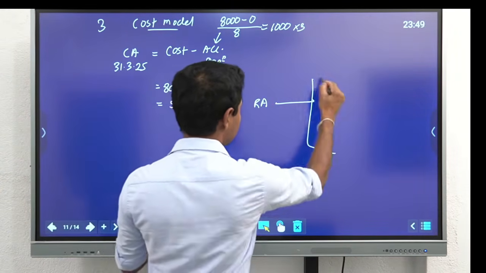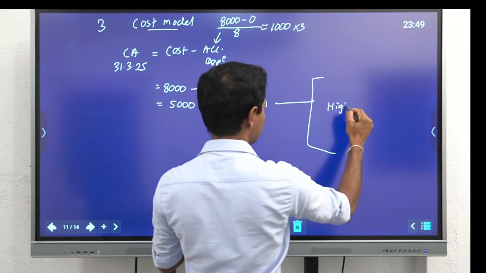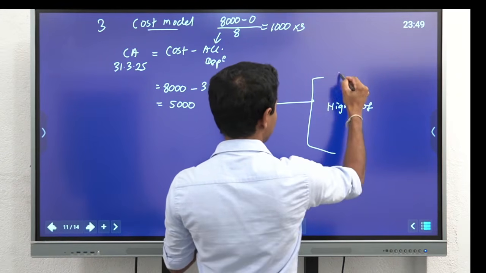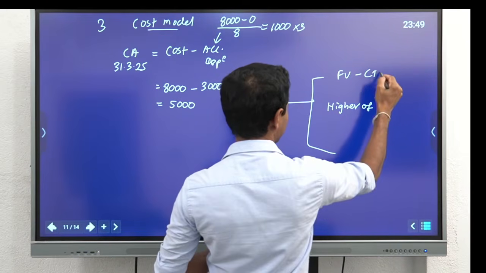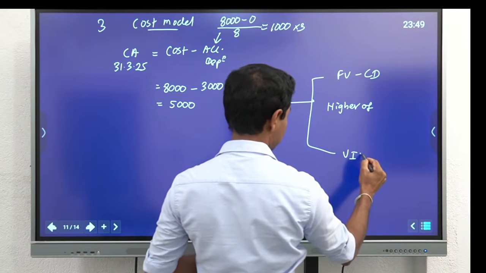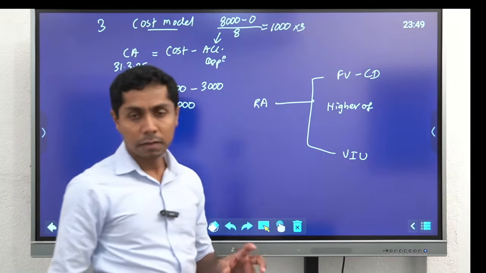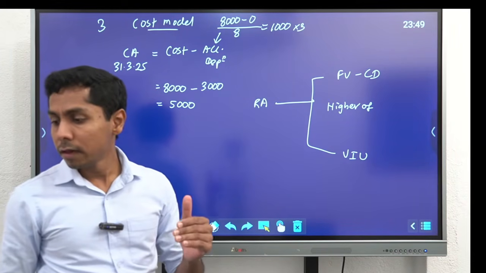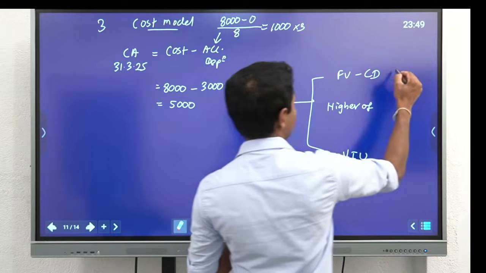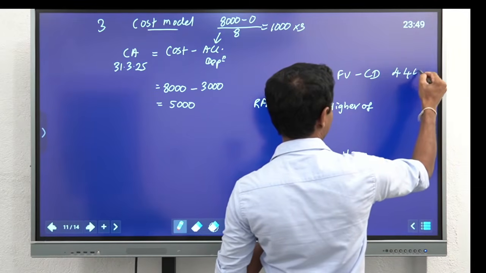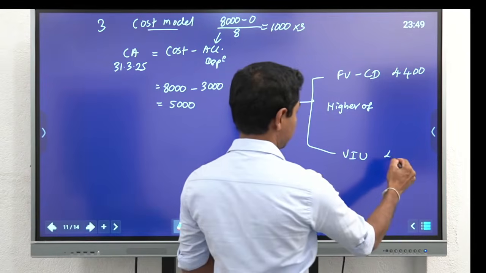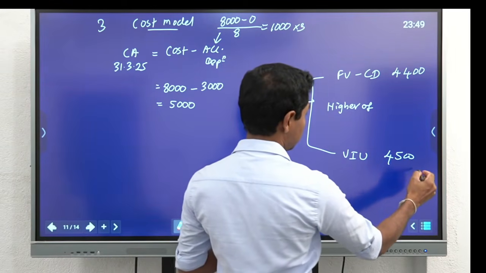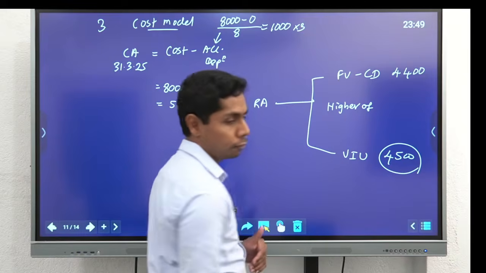What is recoverable amount? Higher of fair value less cost of disposal, value in use. So we are given the two values: fair value less cost of disposal 4.4 in thousands, 4,400, value in use 4,500. We are taking the highest of these two values.